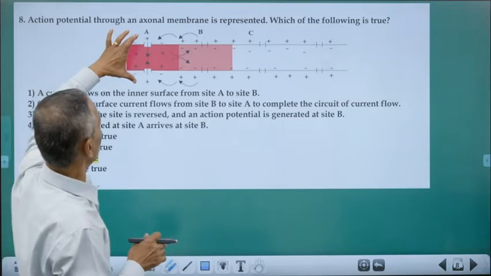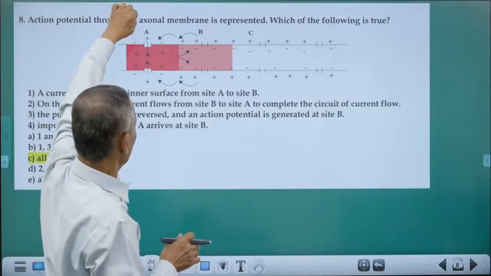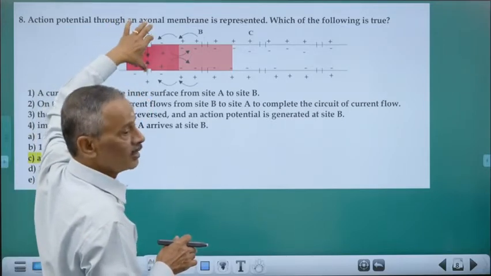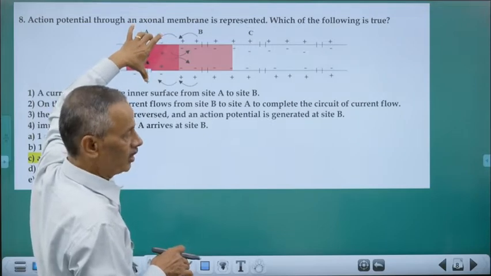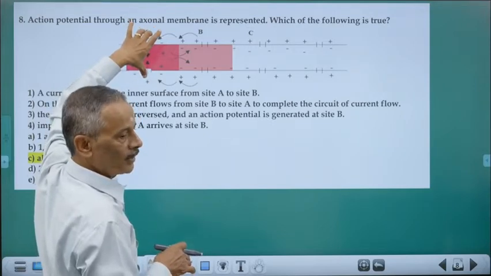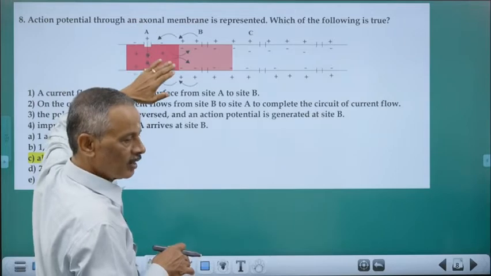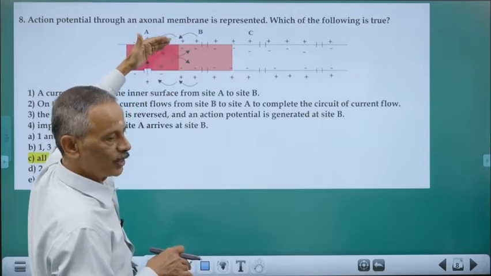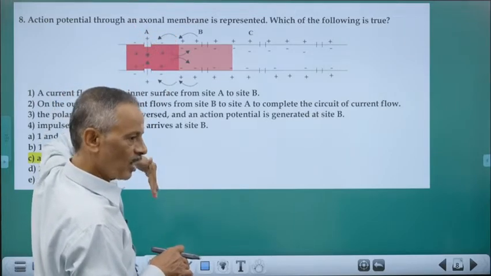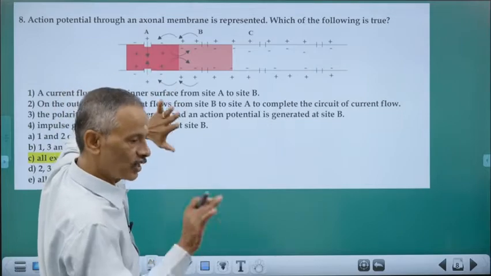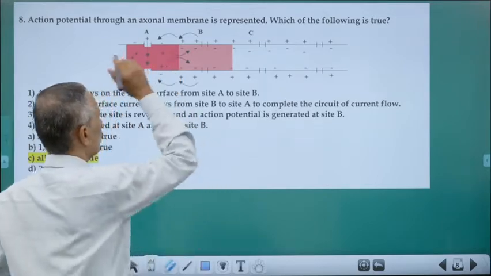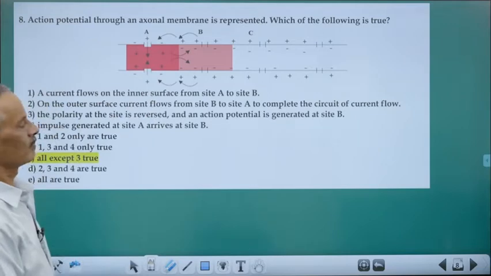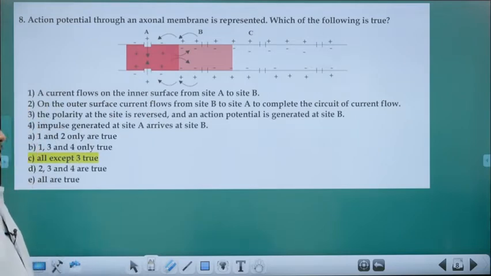So outside is positive. Now when a stimulus is applied, the sodium ion channel immediately opens and sodium comes in. So potassium outflux is reduced, and there is accumulation of positive charges inside. So the polarity is reversed.